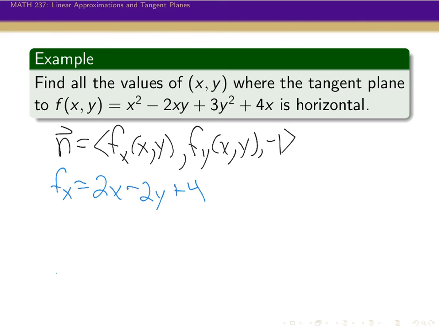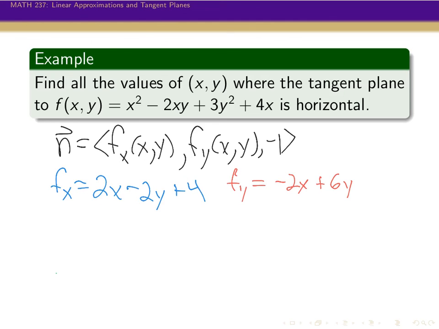The partial in terms of y: the x squared has no y in it, so that goes to 0. We're going to have minus 2x plus the derivative of 3y squared, which is 6y. And then we have plus 4x, which goes to 0. So those are our two partials.